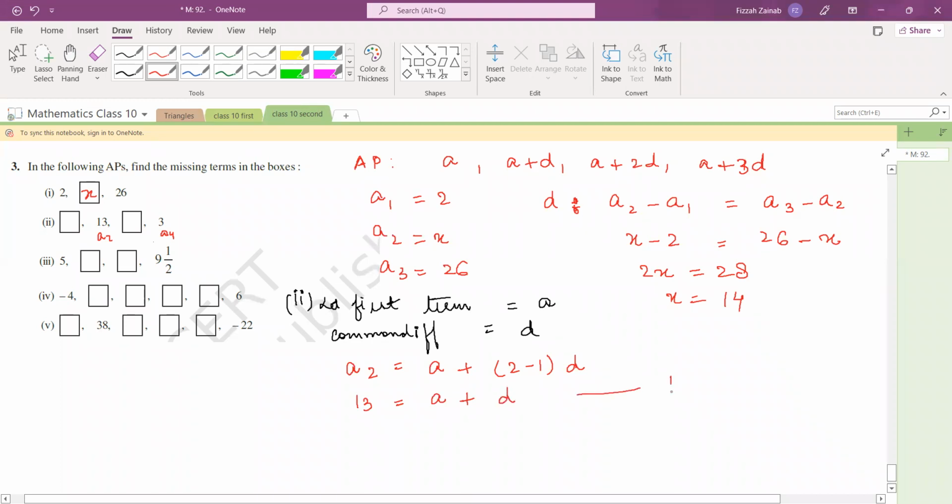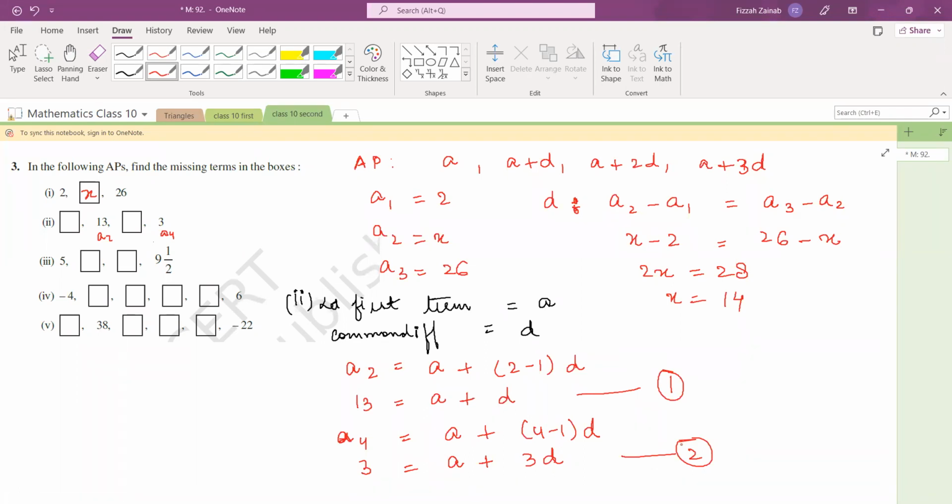This is my equation number 1. Now A4 is given, so A4 is equal to a plus (4 minus 1) into d. A4 is 3, so 3 is equal to a plus 3d. This is your equation number 2. You don't know a and d, both are variables, but now you have two equations for two variables. You can solve it, right?